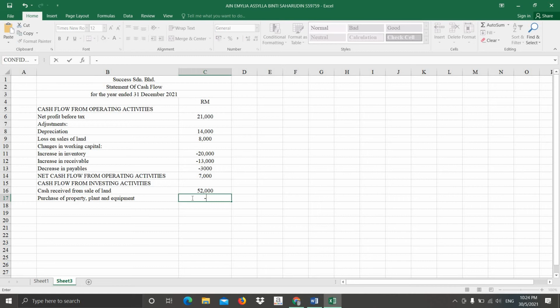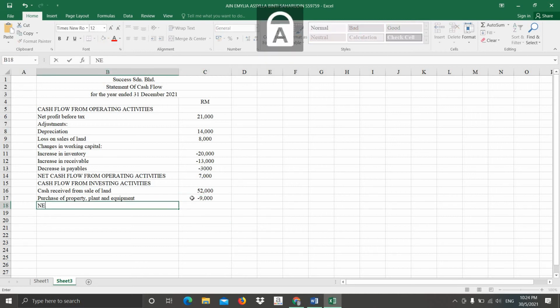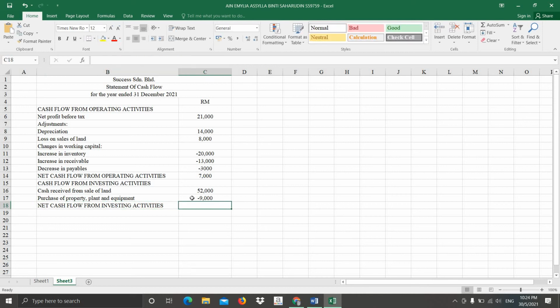We need to deduct this amount from our cash flow. So next we get net cash flow from investing activities amount.